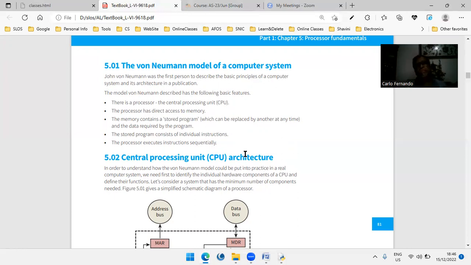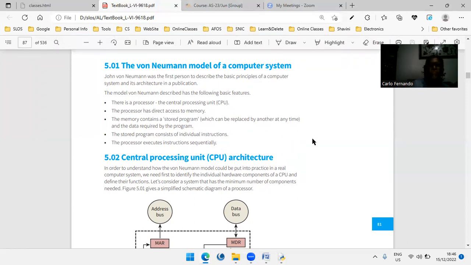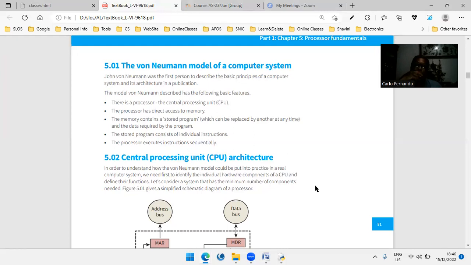For example, this browser. Now you are looking at your browser to see this, or you are playing this video on your media player, and that is also a program.